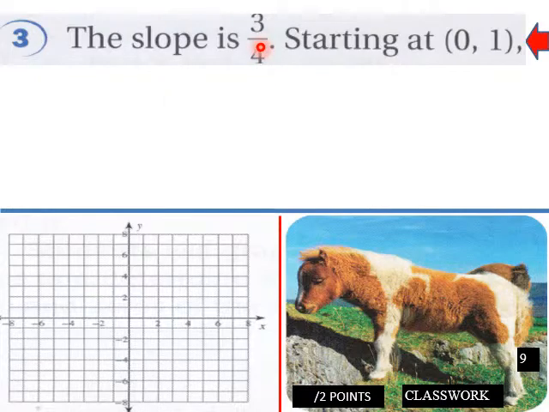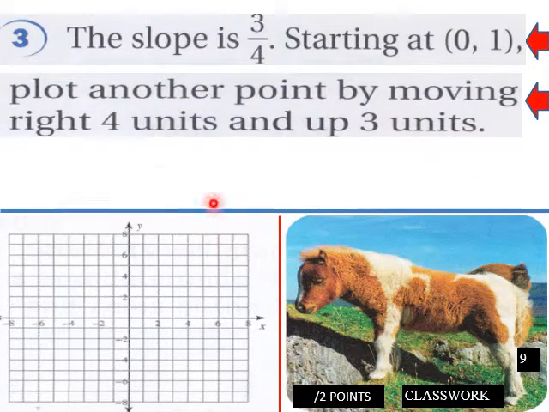The slope is 3/4, so we can do it this way. Starting at 0, 1, which is right here, it's rise over run, so you go 3 up and 4 over. Plot another point by moving right 4 units and up 3.